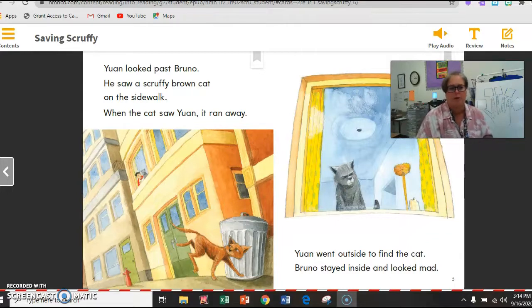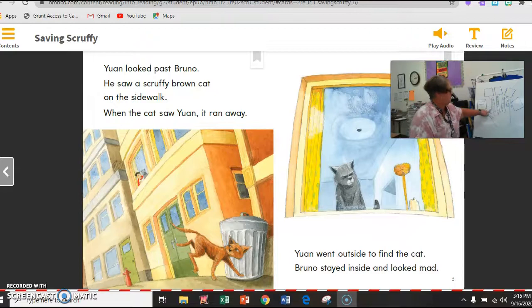Okay, so now we know the setting is at this little boy Bruno's house. So we can write that in this box right here. Setting. Bruno's house. They're at Bruno's house.